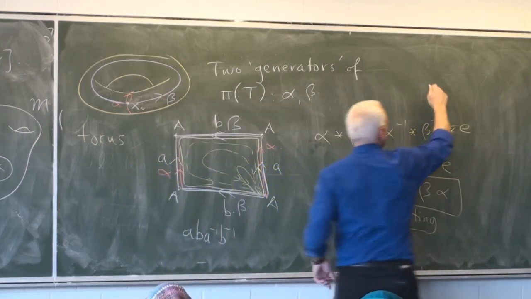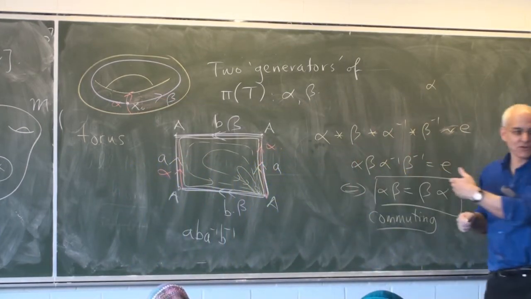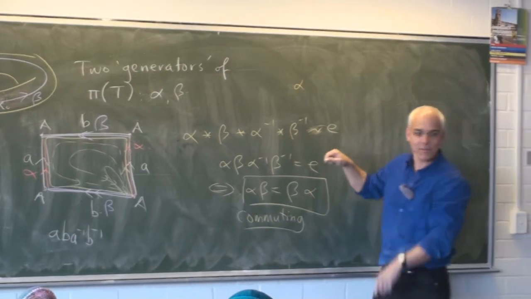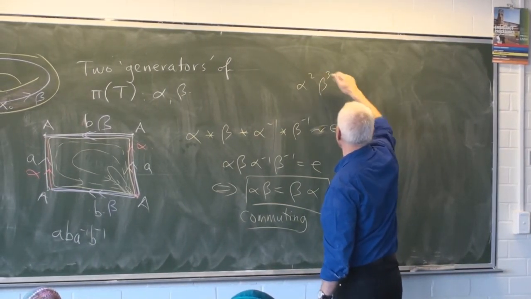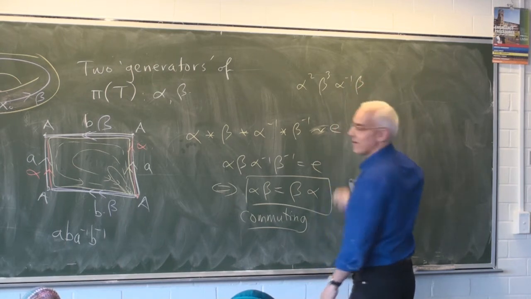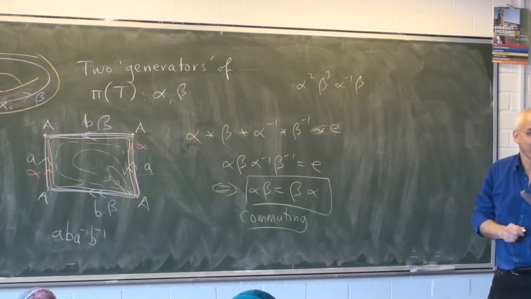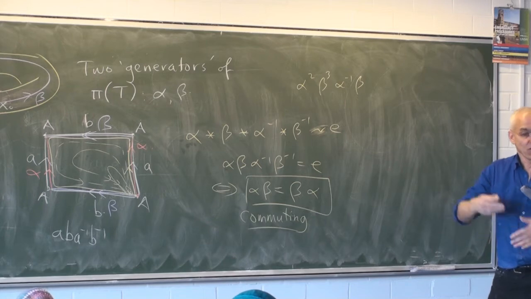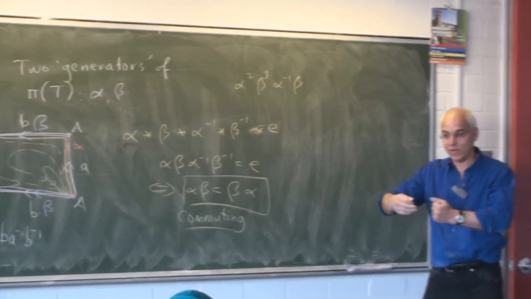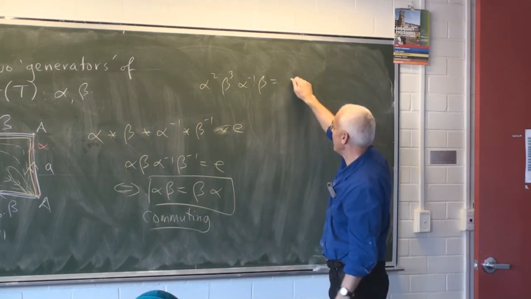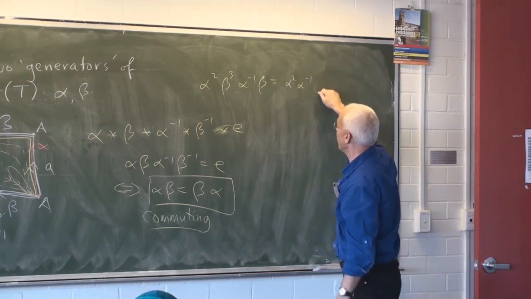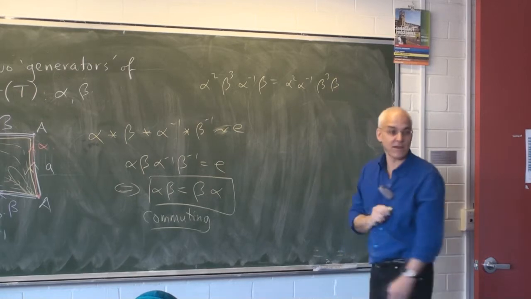So if you have an element in the group, and if I'm allowed to not write the stars everywhere, let's say I just write alpha cubed, beta cubed, alpha squared, beta cubed, alpha inverse, beta, that element there. If you're going to work in the algebra of this group, you're allowed to commute alphas and betas. So you could rewrite this as alpha squared times alpha inverse times beta cubed times beta.